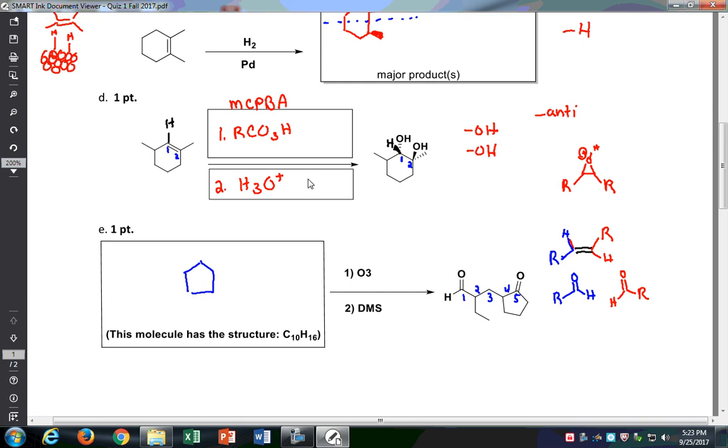So just drawing my 5-membered ring, 1, 2, 3, 4, 5. My double bond is between 1 and 5, so I'm going to draw that. And then I'm just going to draw everything else that's attached. On carbon 1, I have a hydrogen. That's true. I don't really have to draw that hydrogen in.